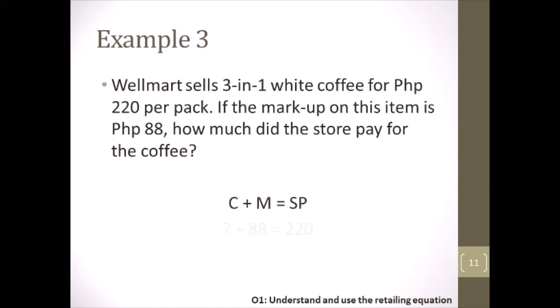So substituting the values, the cost is missing, the markup is 88 pesos, and the selling price is 220. So the number that should be added to 88 to make it 220 pesos is 132 pesos. So the cost of the 3-in-1 white coffee is 132 pesos.